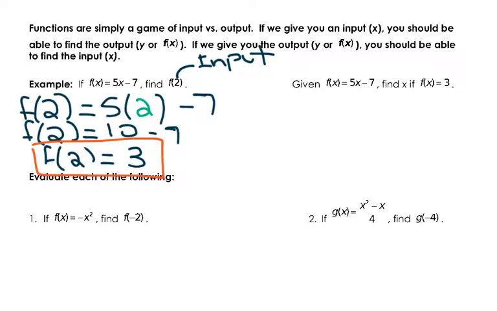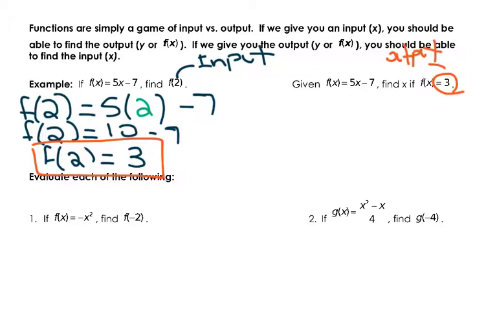Now, if you notice the problem on the right side, it says given f of x is equal to 5x minus 7, find x when f of x is equal to 3. So in this particular case, they're actually giving us the output.